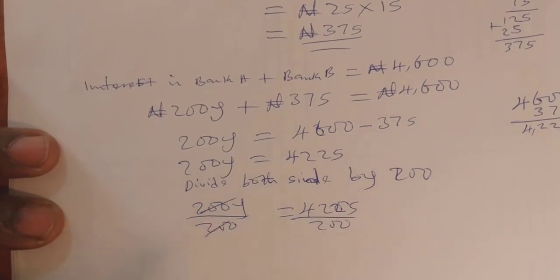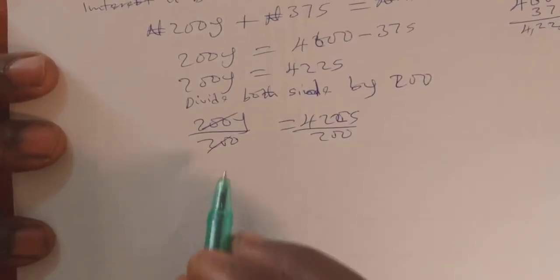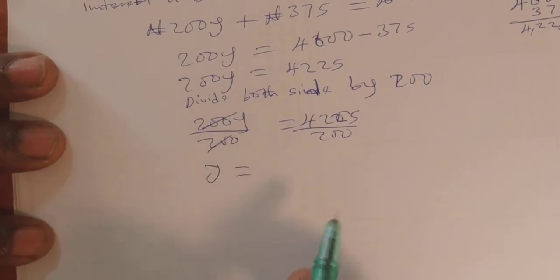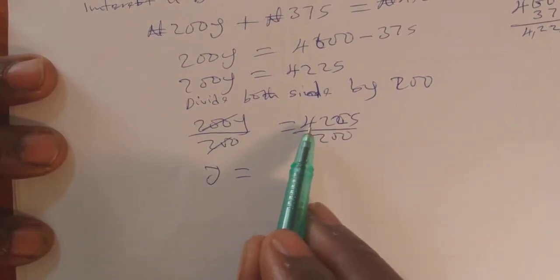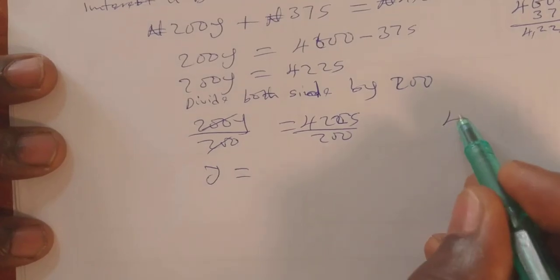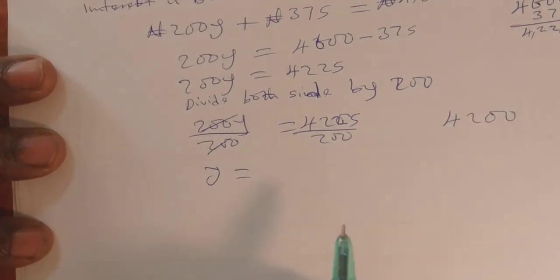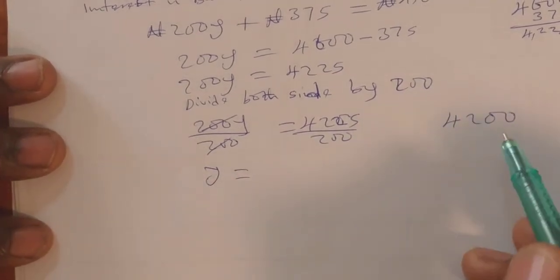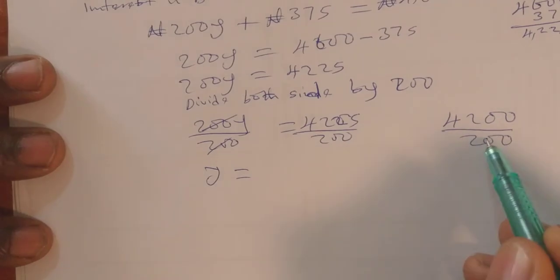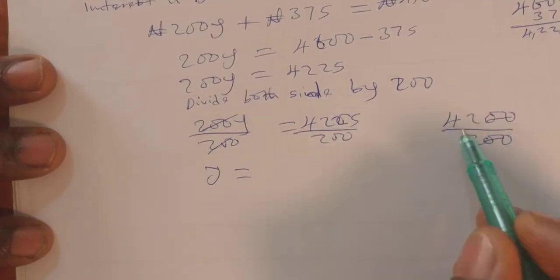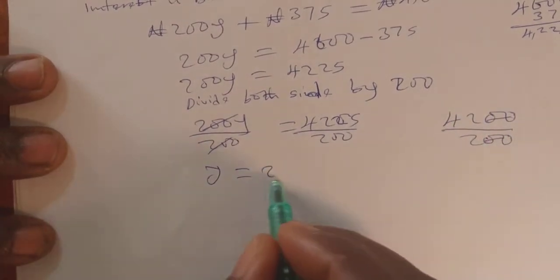So this will kick out this one. We are left with Y equals, now how many times? Let's take 4,200 here. How many times can 4,200 be divided by this? So this will go with this one, and then we'll have 21.